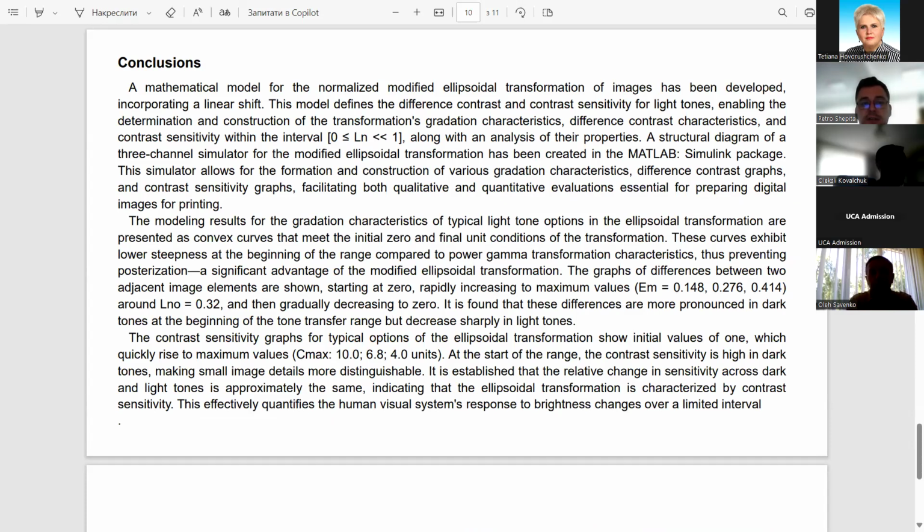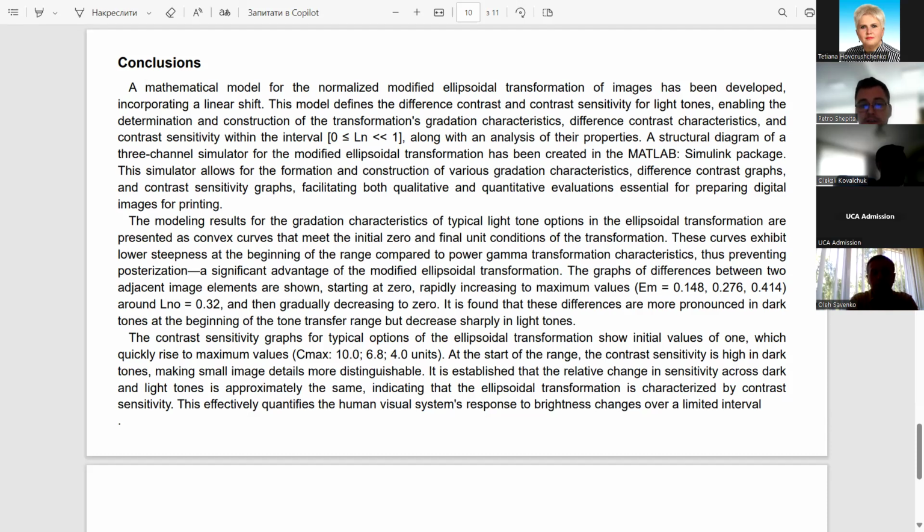The model defines the difference contrast and contrast sensitivity for light tones and dark tones, enabling the determination and construction of the transformation gradation characteristic, difference contrast characteristic and contrast sensitivity with the interval 0 to 1, along with the analysis of their properties.